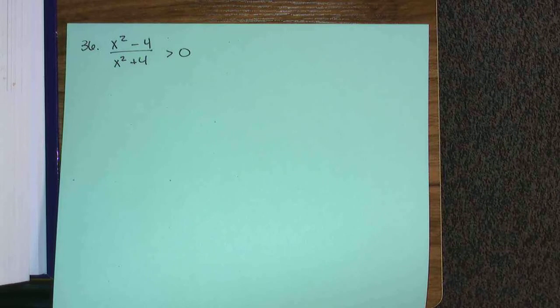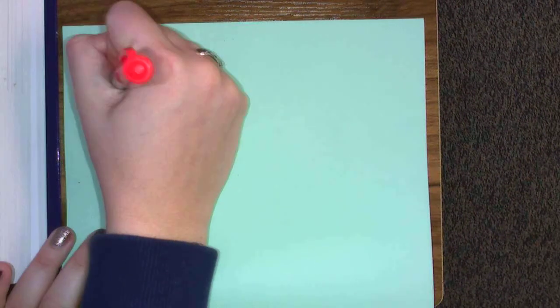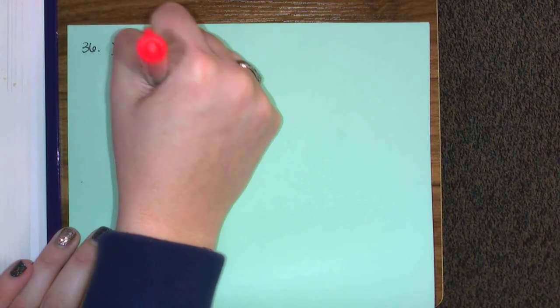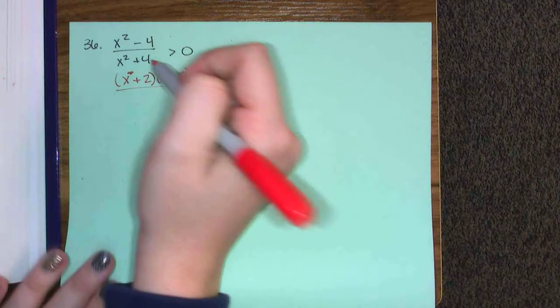Are you talking about where it's zeros or undefined? Okay, so the top can be factored, so just to help us think about it, it factors into x plus 2, x minus 2. This bottom part gives me what?